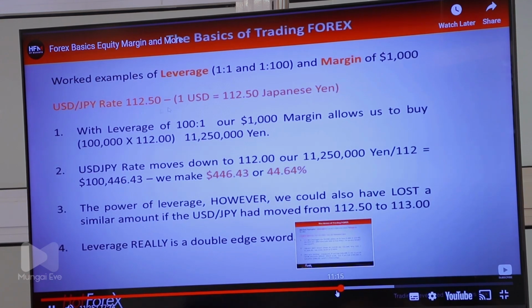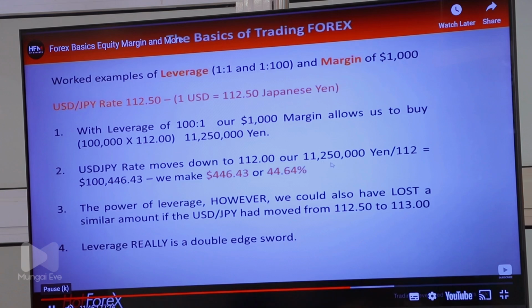If we applied a leverage of 1-to-100 on that account, we had exactly the same scenario. So with a leverage of 1-to-100, our $1,000 allows us to buy 11,250,000 yen. Same situation. The rate moves down to 112.